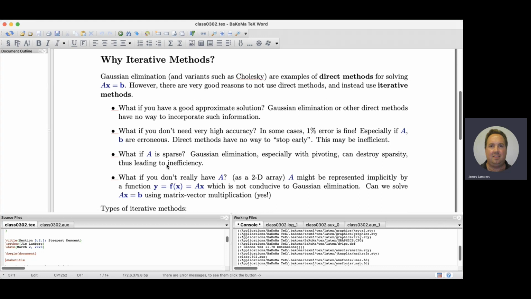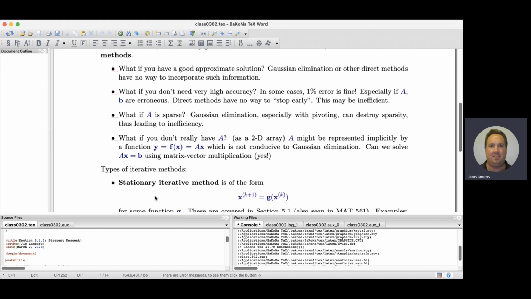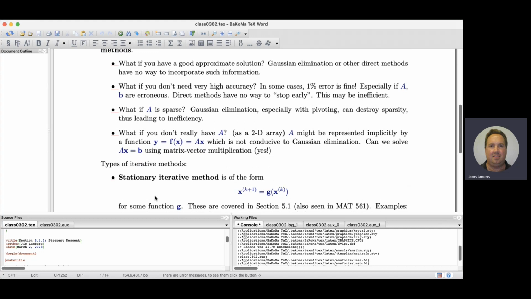If you don't have A as a traditional two-dimensional array where you have each entry a_ij, maybe A is represented implicitly as a function, y = f(x). The input is x, the vector you want to multiply by. The output is A times x. A representation like that is not conducive to direct methods like Gaussian elimination. So being able to perform matrix-vector multiplication with A is enough to solve Ax = b, believe it or not.